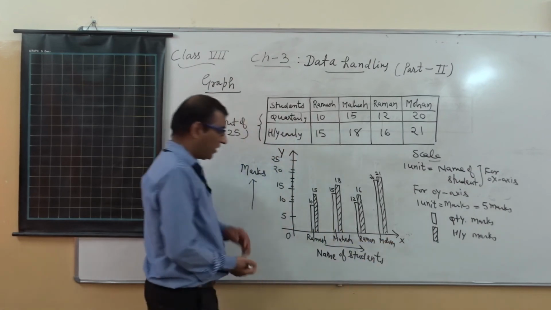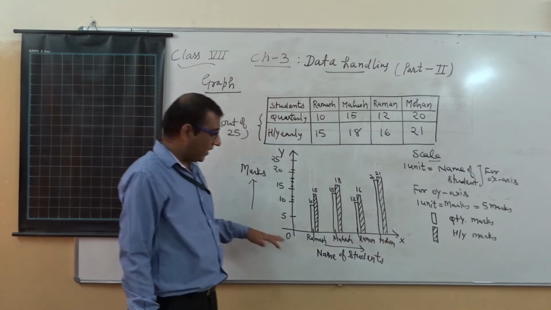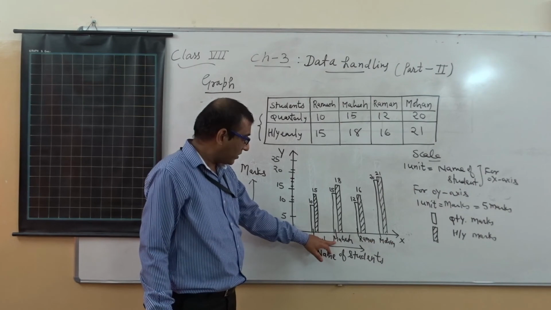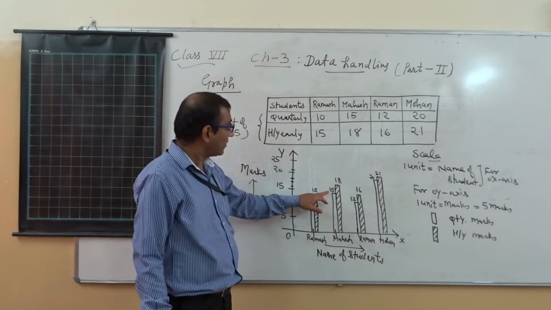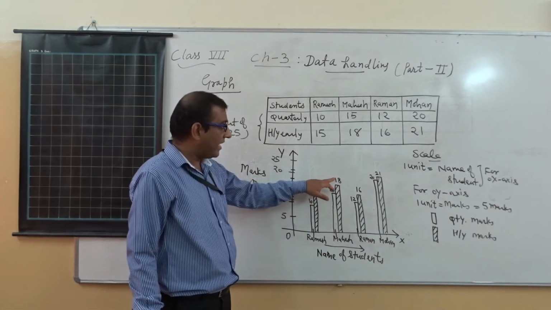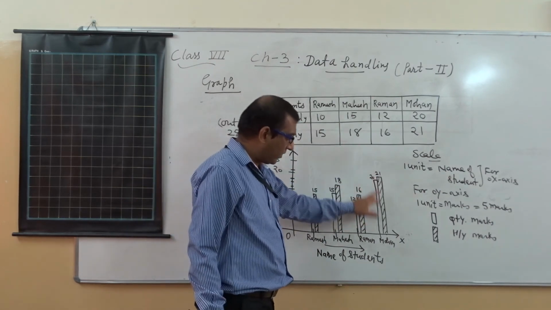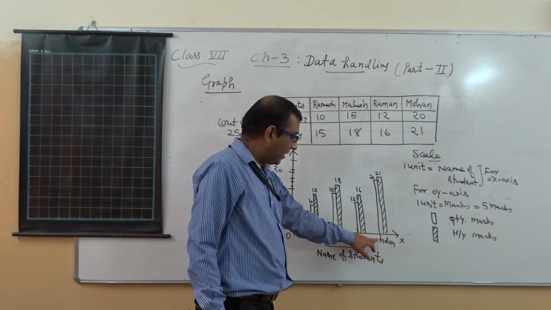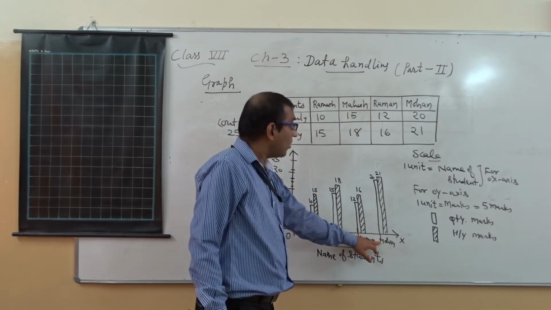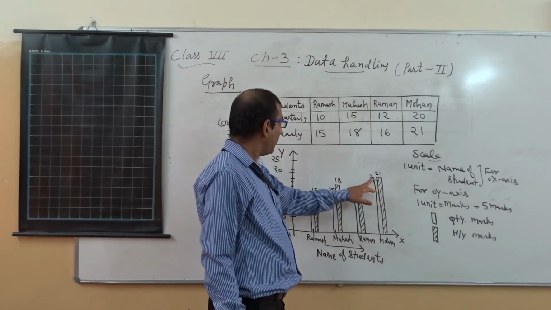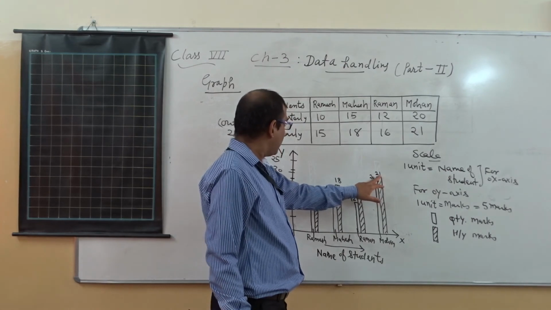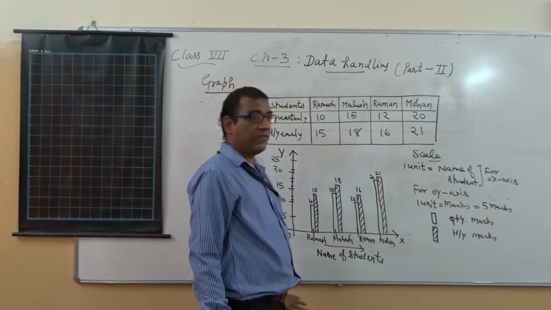With the help of this double bar graph, you will easily identify that Mahesh got 15 marks in quarterly exam and 18 marks in half-yearly exam. Same for Mohan. If we see this double building, then we will definitely say that Mohan got 20 marks in quarterly exam and in half-yearly he secured 21 marks.